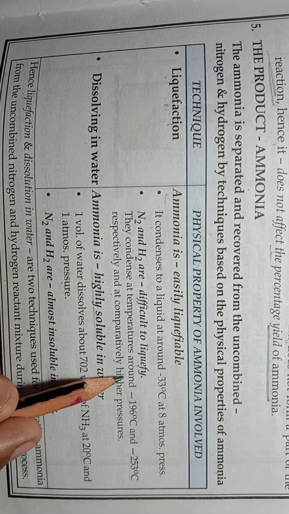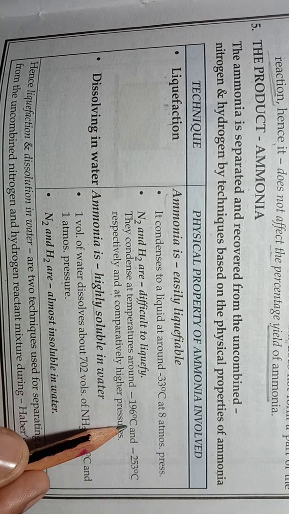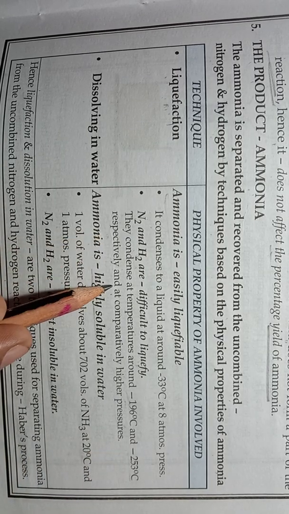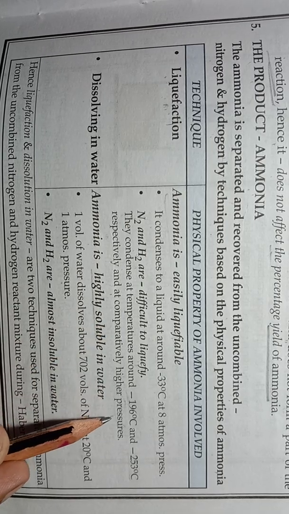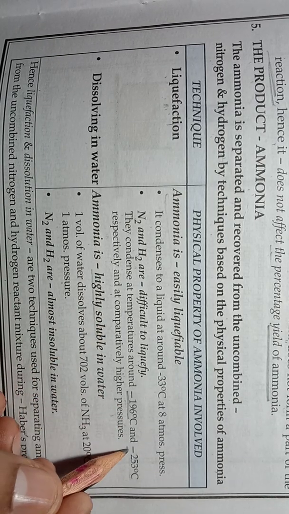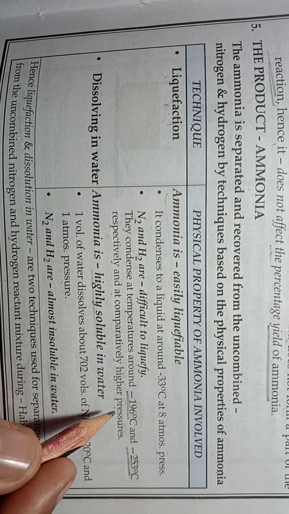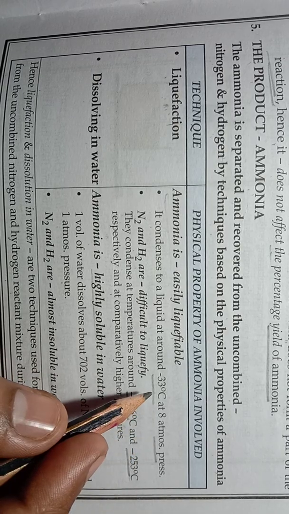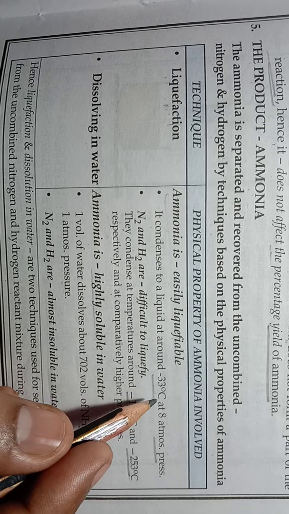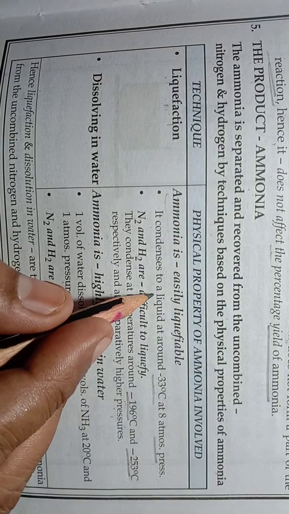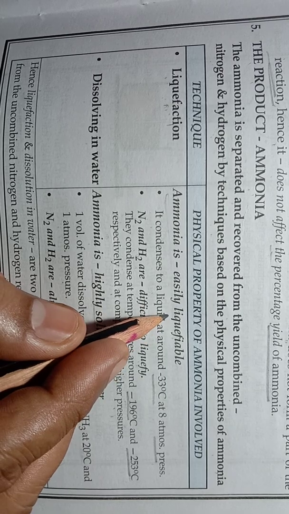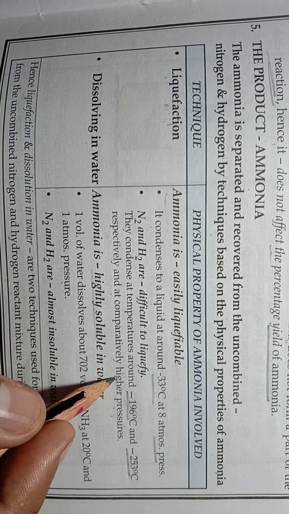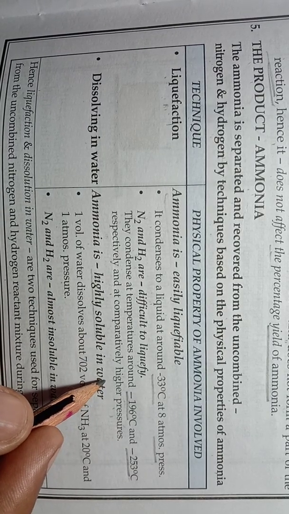They condense at temperatures around minus 196 degrees Celsius and minus 253 degrees Celsius respectively, and at comparatively higher pressure. So liquefaction of hydrogen and nitrogen is comparatively very hard, but of ammonia is comparatively very easy. That is why from the mixture of ammonia, hydrogen and nitrogen, only ammonia is liquefied and collected in the reservoir, whereas hydrogen and nitrogen remain in gaseous form.